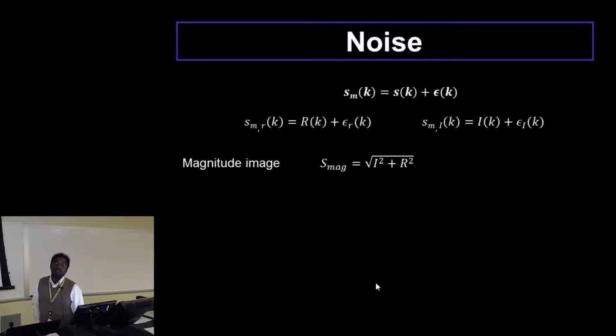So to avoid phase obscuring your interpretation of your image, you take the magnitude of your data and observe that as an image. Of course, phase also has its own uses, which you will see in the course of this course, but right now we're talking about just the magnitude.